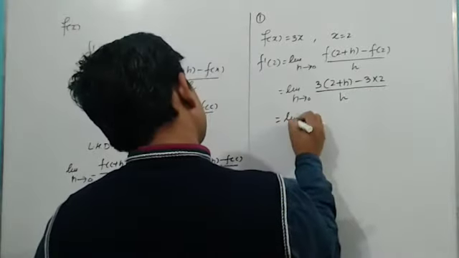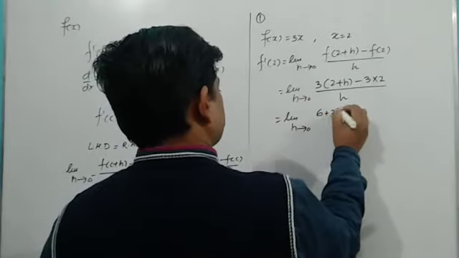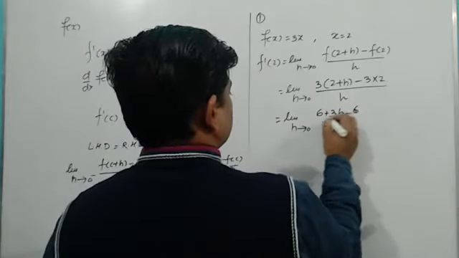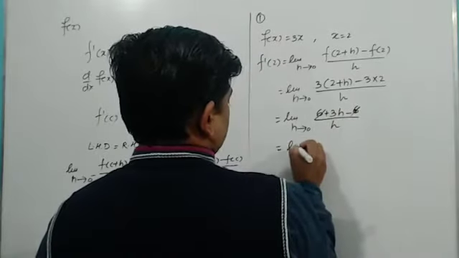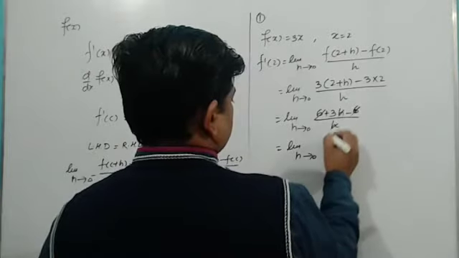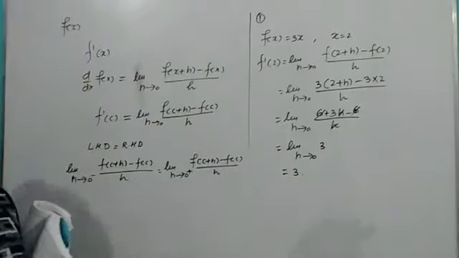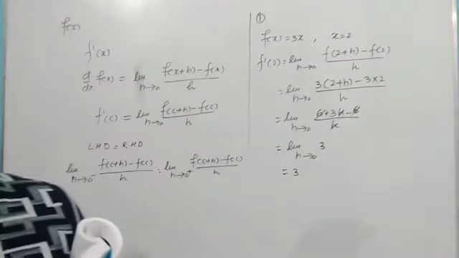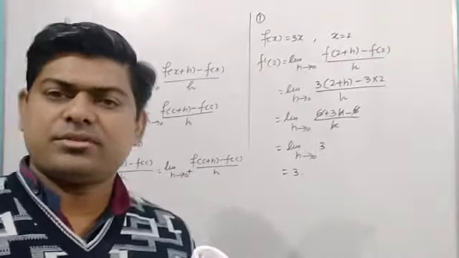Now when I simplify, it will be limit h tends to 0 of 6 plus 3h minus 6 whole upon h. They can eliminate, this one can be cancelled, and I'll have 3. That result will be 3. So the differentiation of 3x at x is equal to 2 will be simply 3.